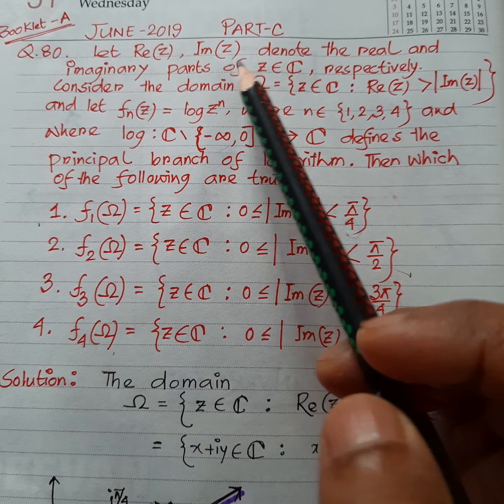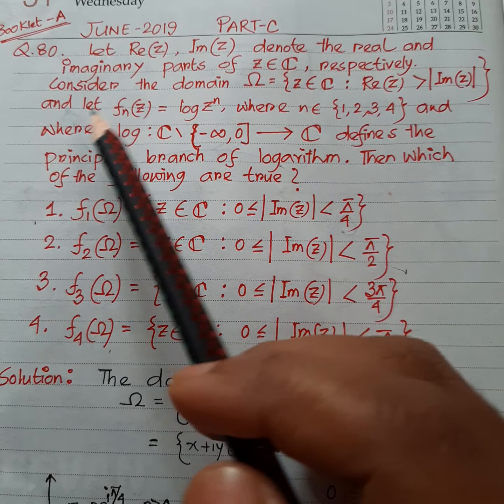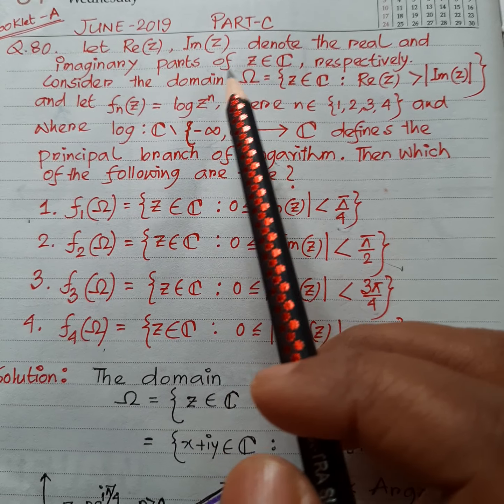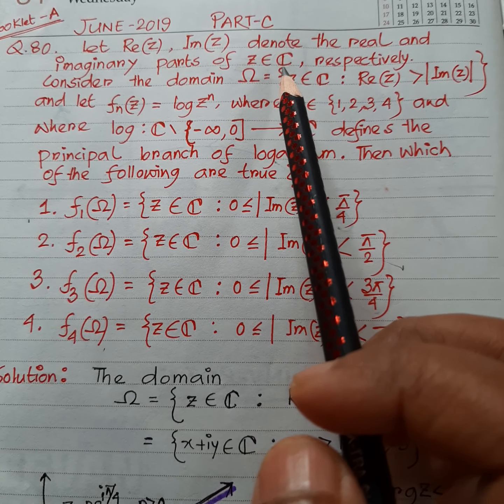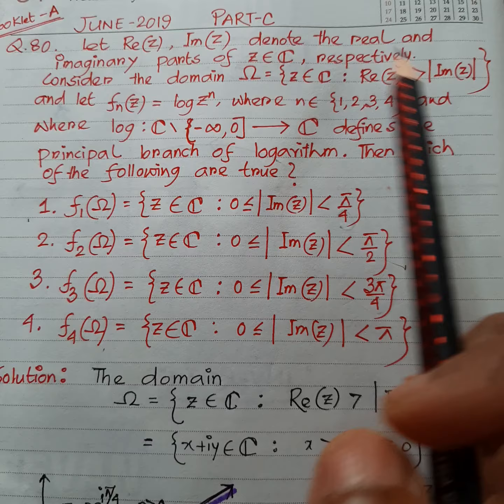Let Re z and Im z denote the real and imaginary parts of z, z belongs to the finite complex plane C, respectively.